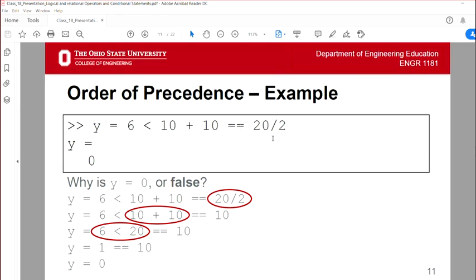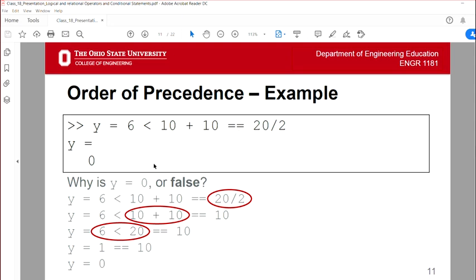So the first thing, we evaluate 20 over 2, so that will give you a 10. This will be your first step. Then since the plus is the second order, 10 plus 10, you get a 20. And then for the relational operators, you do them from left to right, because both of them have equal precedence.